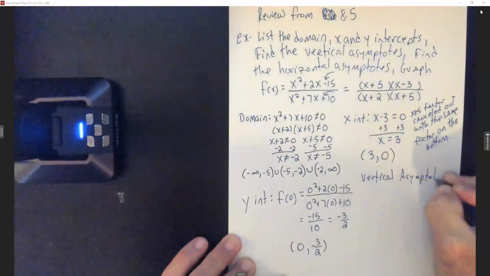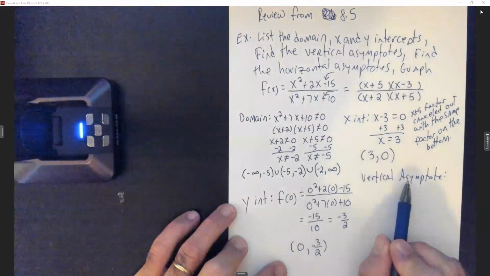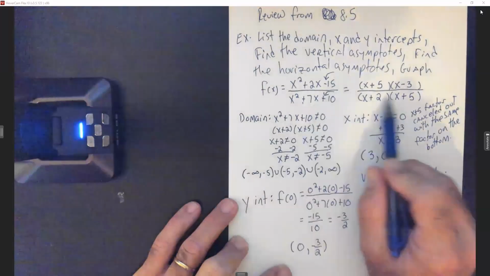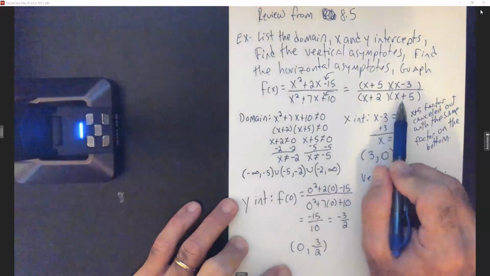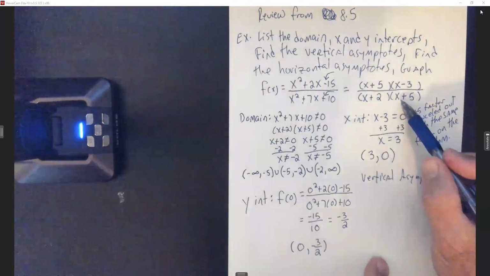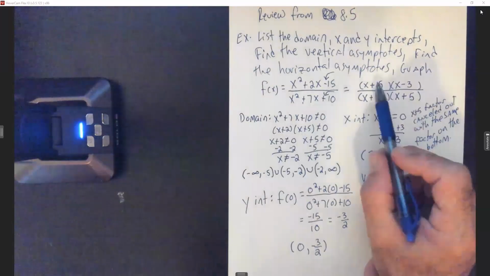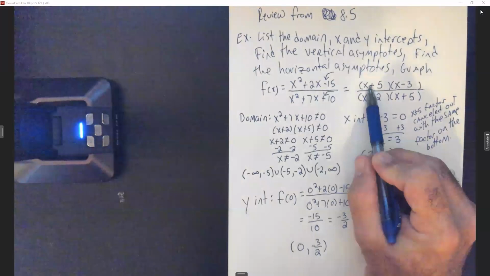Asymptote. Close enough. So to find the vertical asymptotes, you would take the bottom factors and set them equal to 0. But remember, you cannot have a vertical asymptote where you have a factor on top that cancels it out.